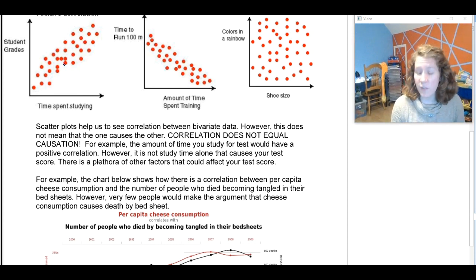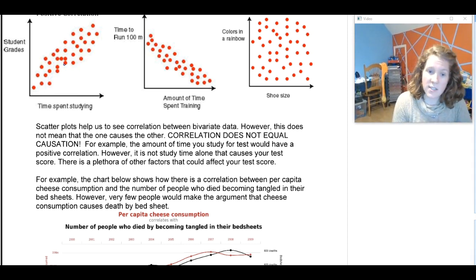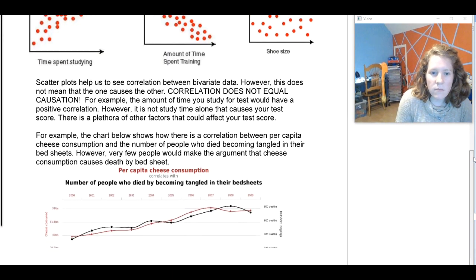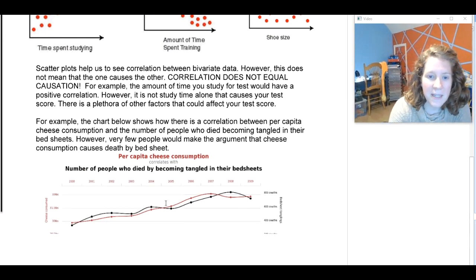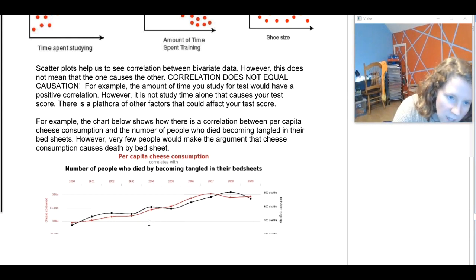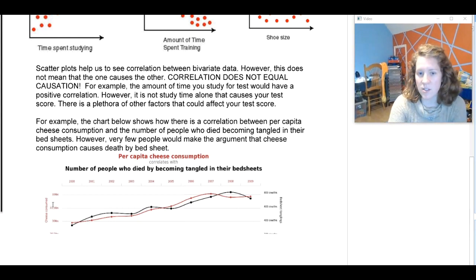There are lots of other factors that go into your test score, so that keeps it from being a true causation. The chart below gives another kind of silly example. It says the number of people who died by becoming tangled in their bed sheets correlated with cheese consumed.